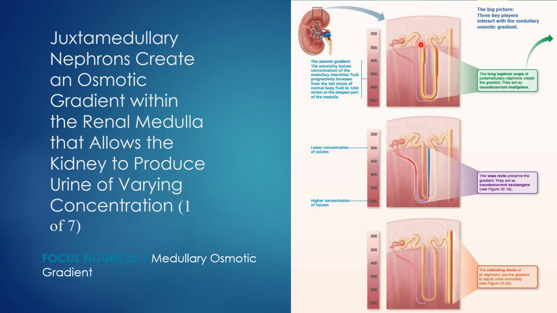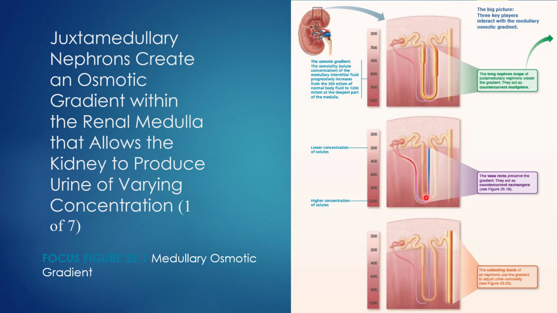If you have a very long hairpin loop, such as your juxtamedullary nephron, you could just imagine how much water we can lose and how much of the salt we can lose. We are actually producing very concentrated urine with 15% of our nephrons being juxtamedullary in nature.